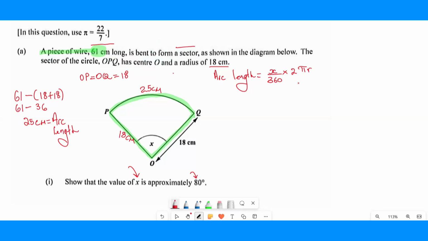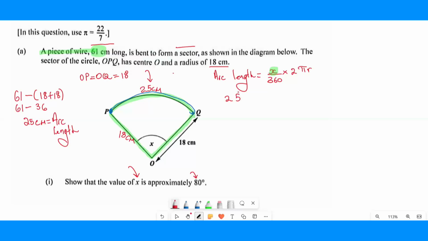That's what the arc length is, okay? Now, we can simply substitute all that we have in an effort to find x, because we do have everything else, because the arc length is 25, meaning from P all the way to Q is 25. Right? So definitely we could substitute.